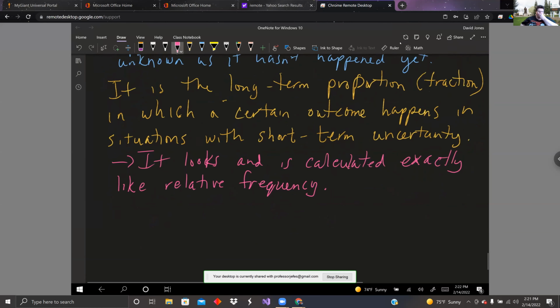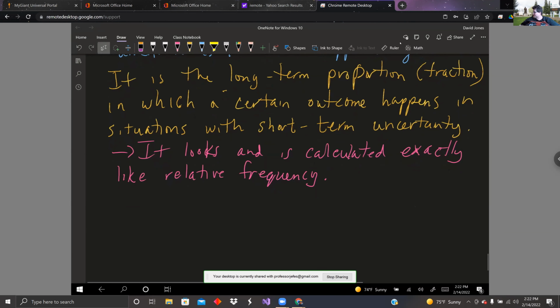And that's why I brought up the difference. The frequency is what's happened in the past. We know the outcomes already happened. Probability is the likelihood or chance that it happens in the future.